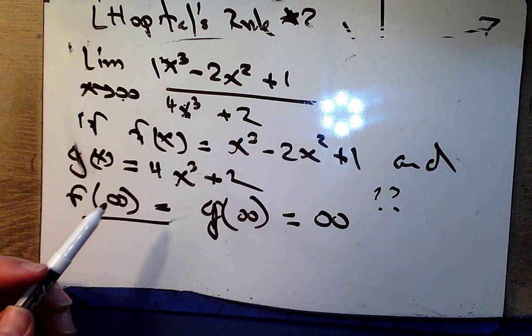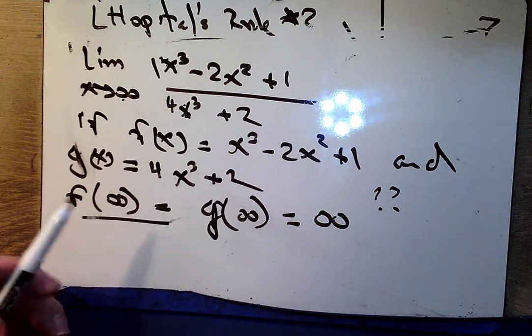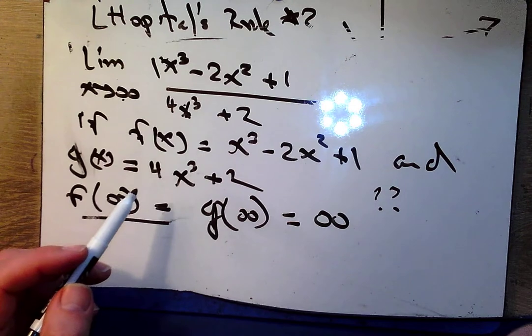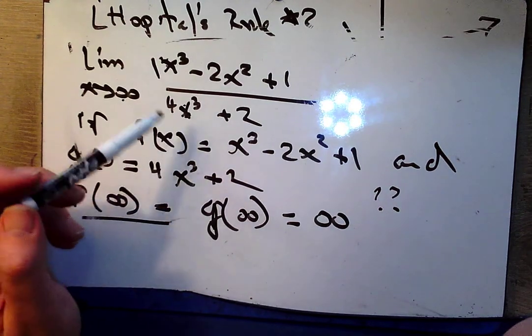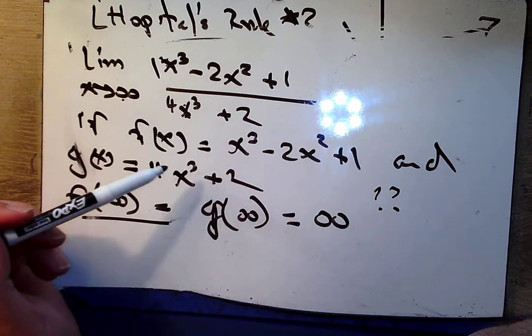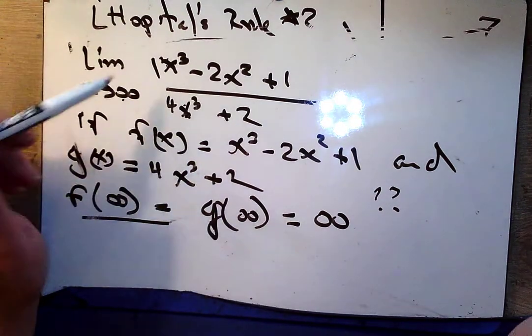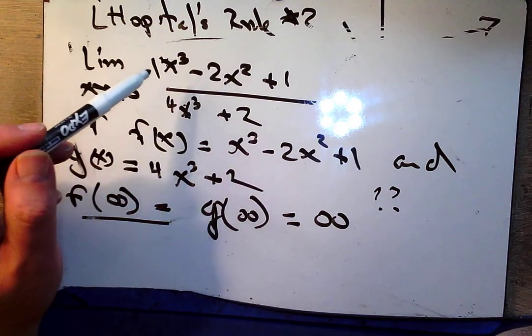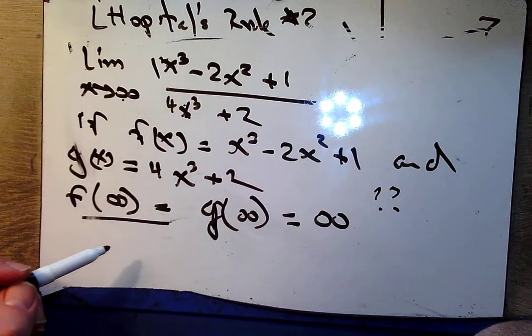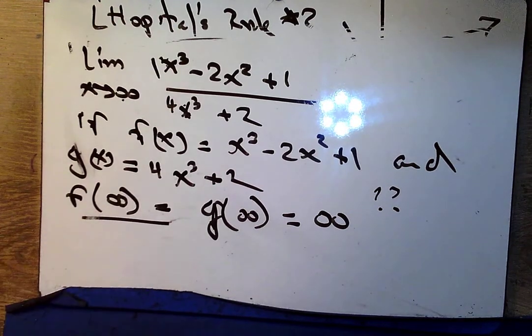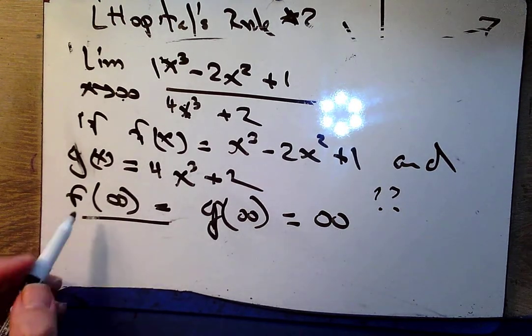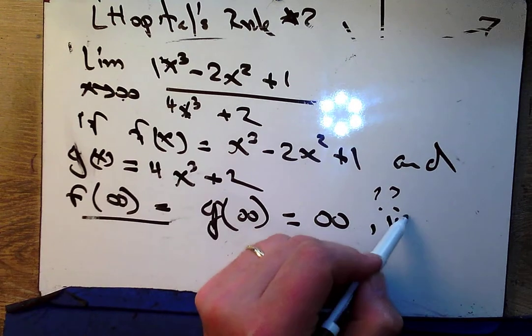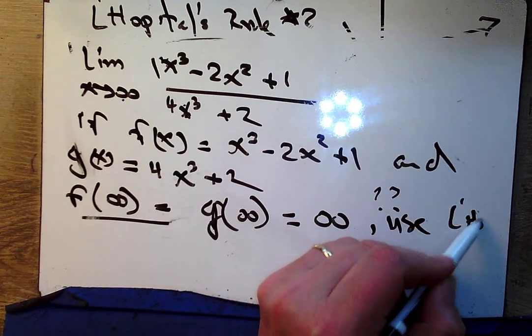And there are actually algebraic ways, maybe we can look at them today, that could create infinity over infinity for us from a 0 over 0 situation. But I don't think I'm going to go there. Instead, I think I'm going to use L'Hopital's.